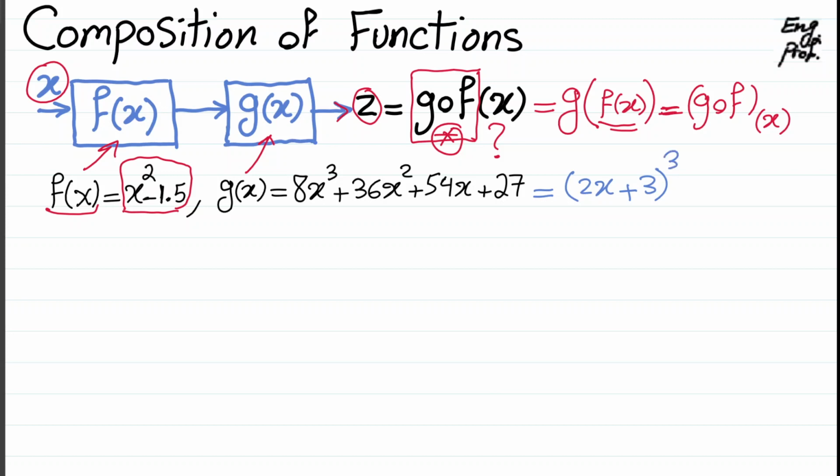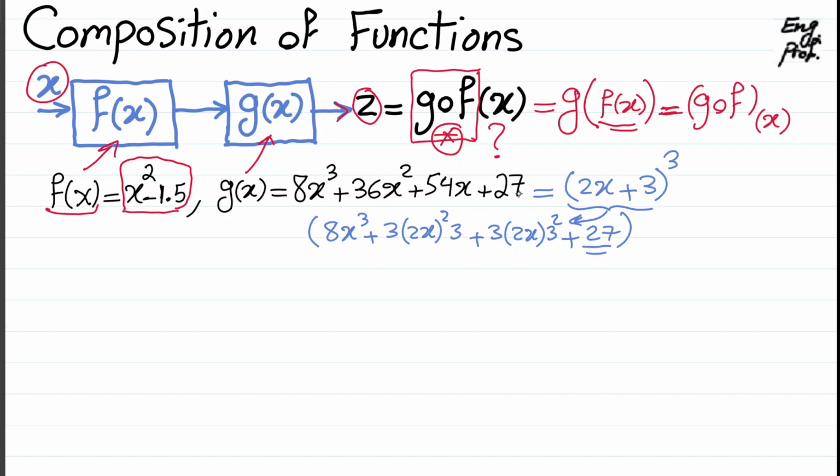That is understandable here, because if you expand this power of 3 of 2x plus 3, you can see it becomes 8x cubed plus 3 times the first component 2x raised to the power 2 times the second component, plus 3 times the first component 2x times the second component to the power 2, and finally the second component to the power 3, which is 3 to the power 3, which is 27.